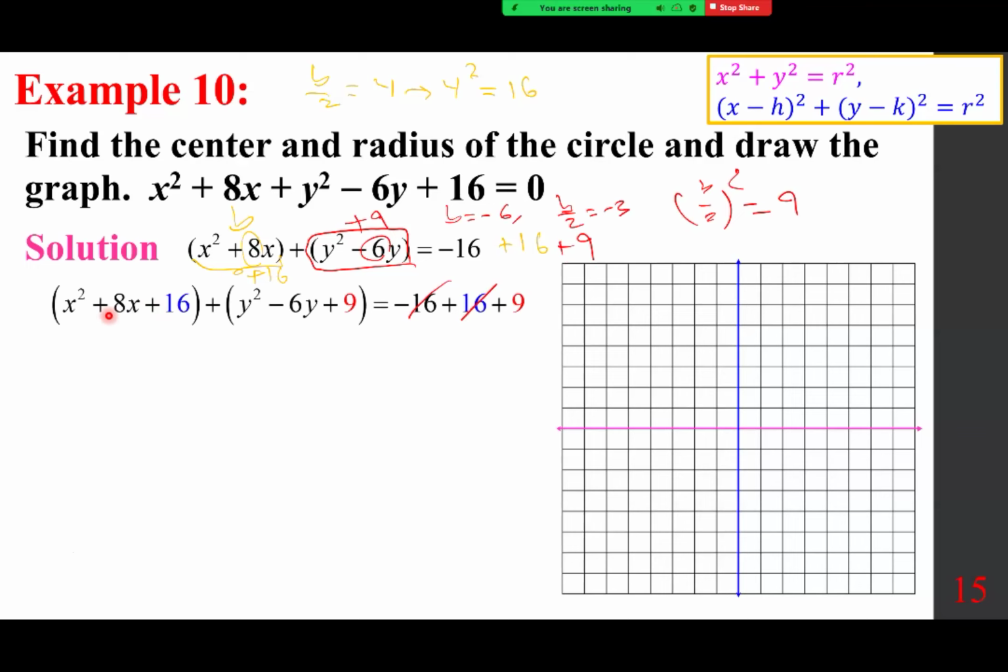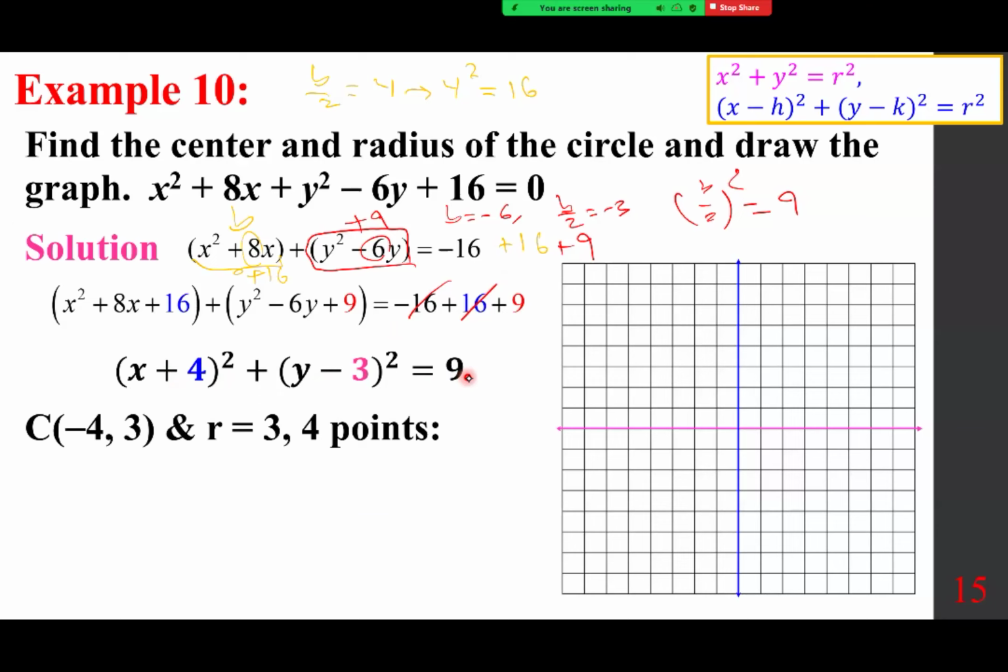This one is x plus 4 squared, b over 2. This one is y minus 3, again b over 2, squared, equals 85, which means it is centered at negative 4, positive 3, with the radius square root of 9 or 3.